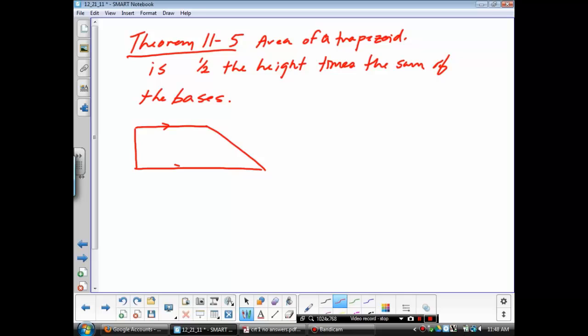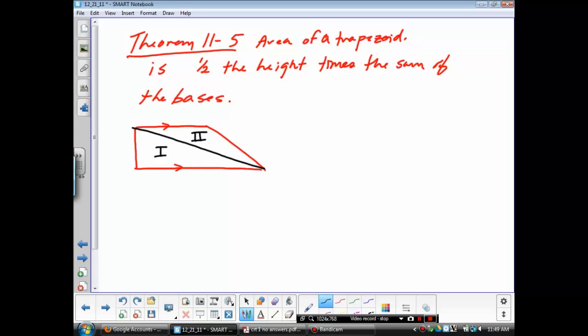Because the bases are parallel, when we draw one of the diagonals, triangle 1 and triangle 2, we are going to be forming 2 triangles that have the same height. We talked about how you find the height of a triangle.